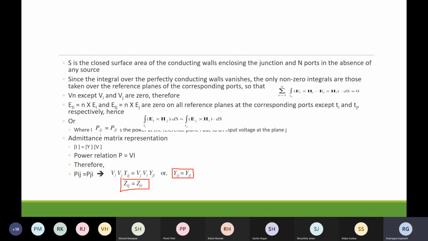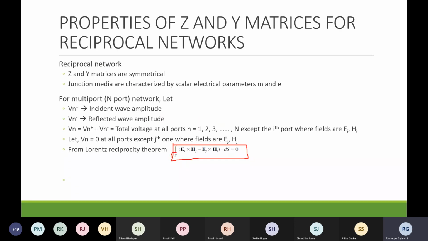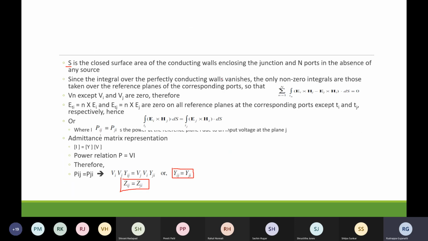Based on that, when we continue, the surface integral that we are considering is actually over a closed surface area. Since we are dealing with microwave analysis, we'll have conducting walls enclosing the junctions.